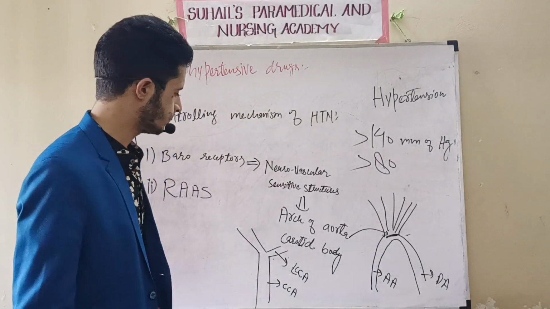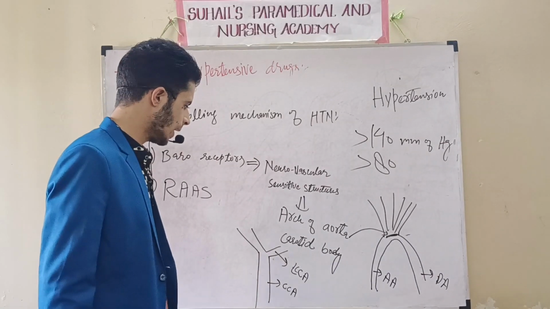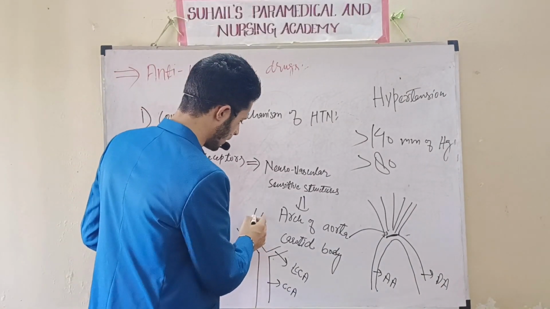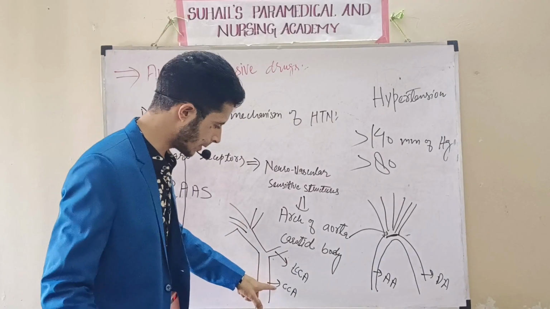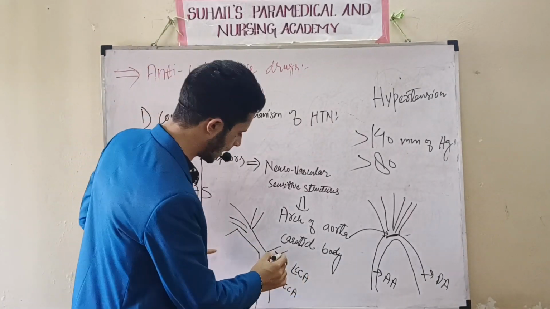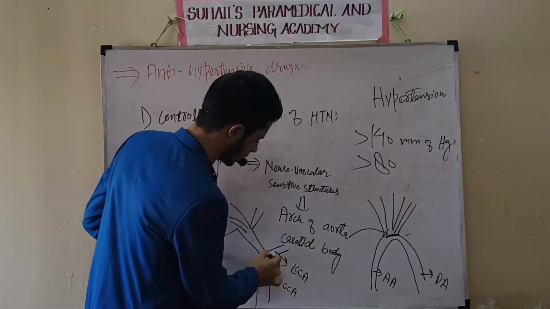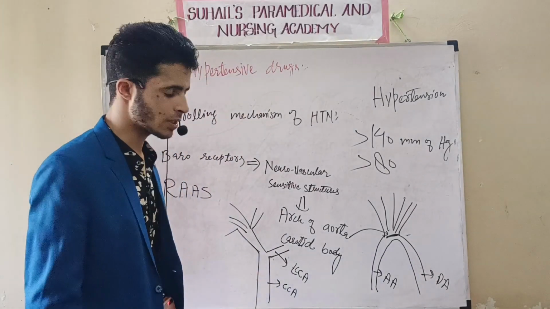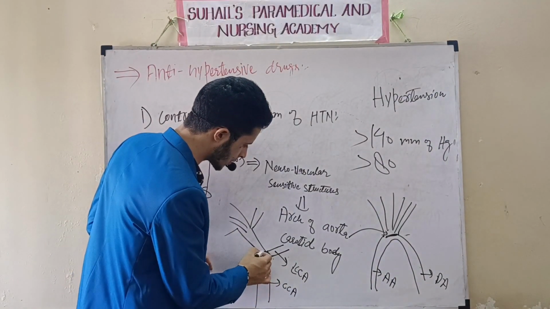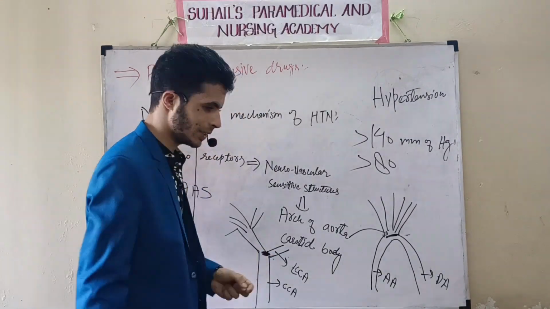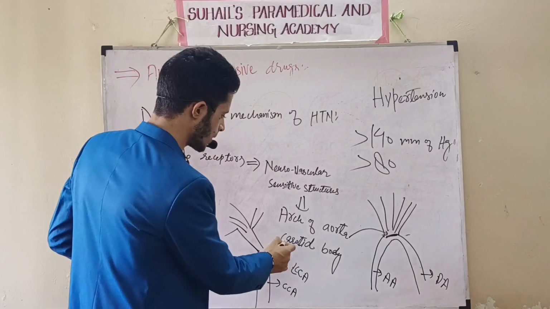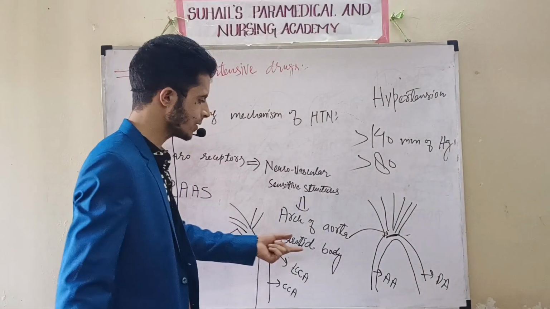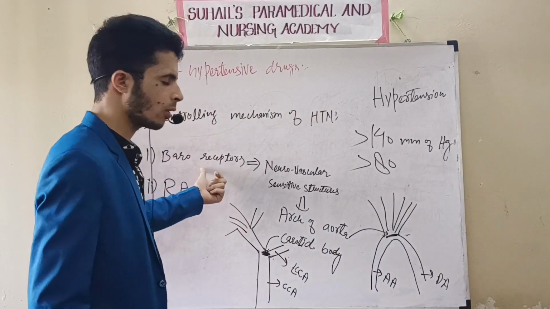We have nothing to do with the other artery, we will not go deep inside. Just remember, the common carotid artery bifurcates into two arteries. At the point of bifurcation, there is a neurovascular sensitive structure that is called the carotid body, which has the baroreceptor.